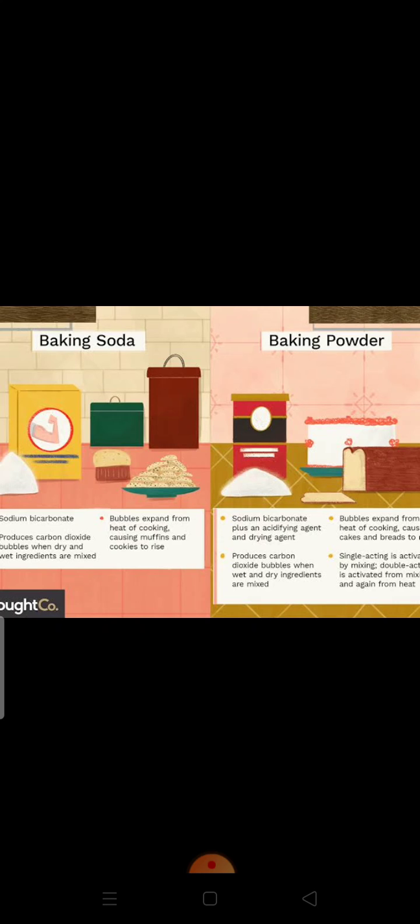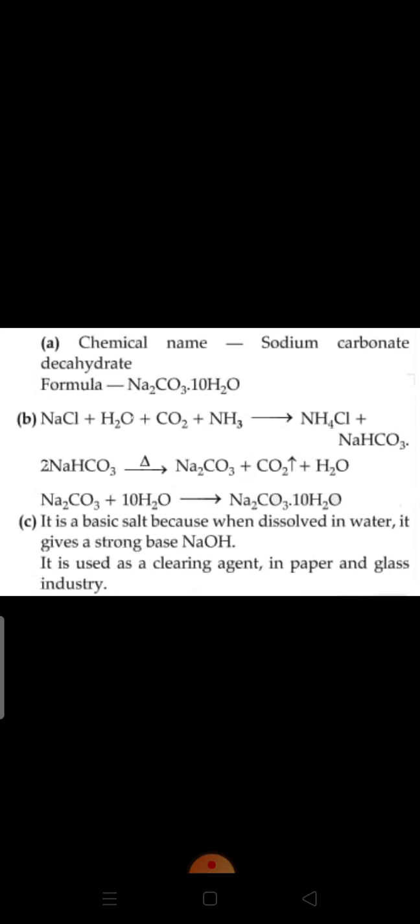When baking powder is heated or mixed in water, we get this reaction, and the carbon dioxide produced during this reaction causes bread or cake to rise, making them soft and spongy.